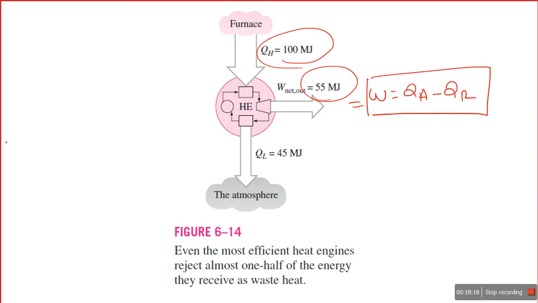The performance of the heat engine is measured in the form of thermal efficiency. I write here the thermal efficiency. What is the fundamental formula of any efficiency? It is the output upon input. What is the main role of any heat engine?